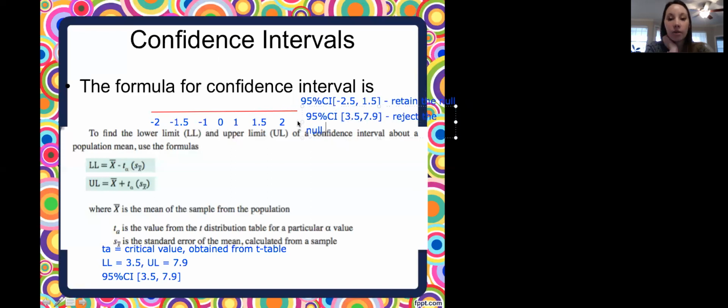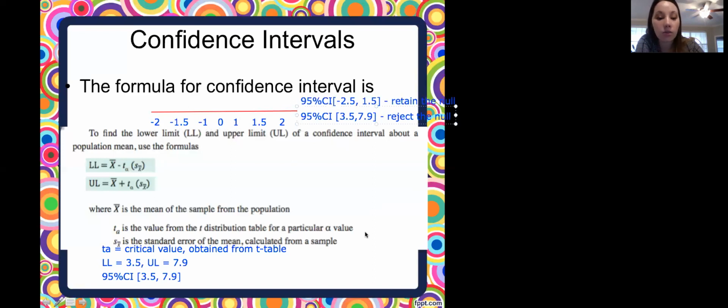Because those two numbers don't pass through 0. They're both positive numbers. So we're going to reject the null in that case. So whenever you have a confidence interval that passes through 0 on the number line, we're going to retain the null hypothesis. However, if you've got both negative numbers or both positive numbers, you're going to reject the null.